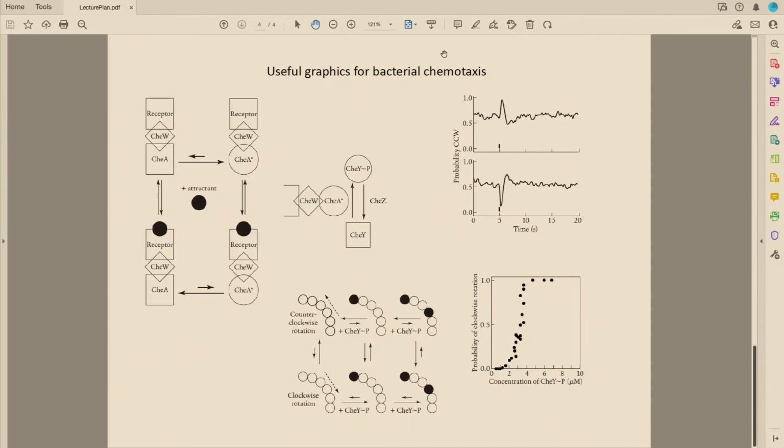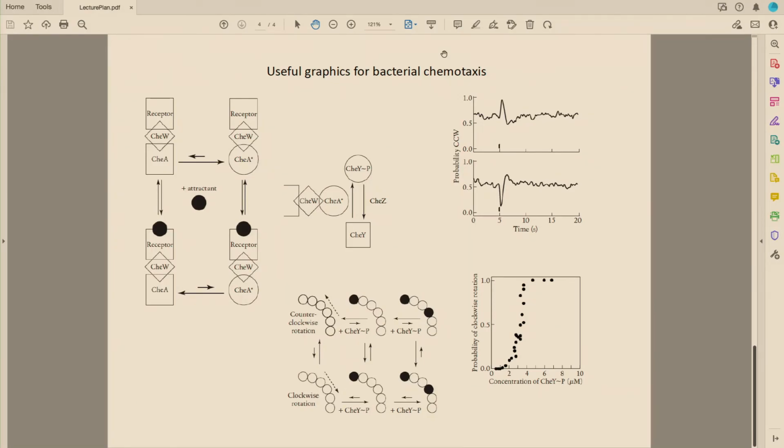When it's activated, what is it doing? Well, there's another protein that's lurking about in the cell that can be phosphorylated. That is to say, have a PO3 group, a phosphate group, added to it, which changes its state.